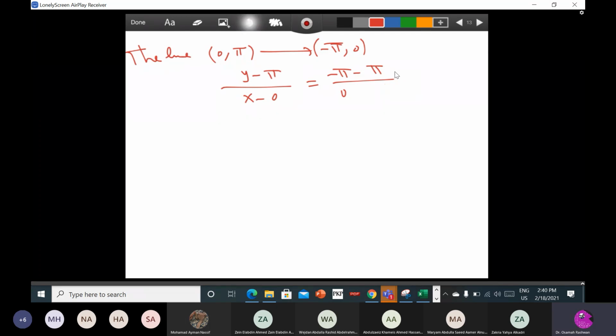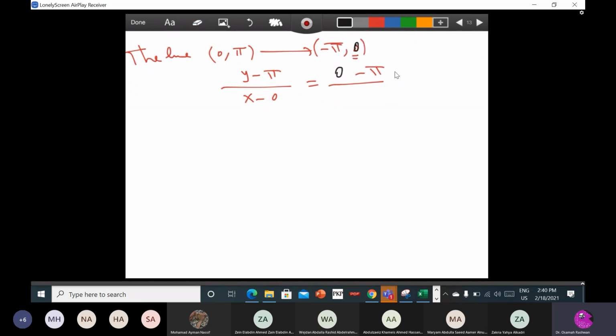No, it is not. y2 is minus pi, minus y1 is pi. x2 is minus pi. And y2 is not minus pi. y2 is 0, sorry. So please be careful when you are substituting or plugging in the numbers, right?